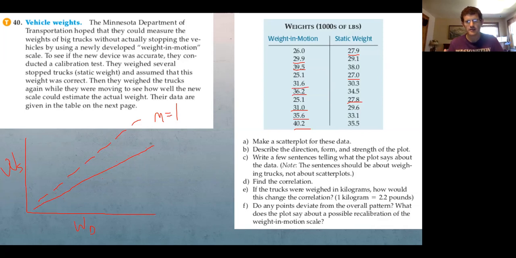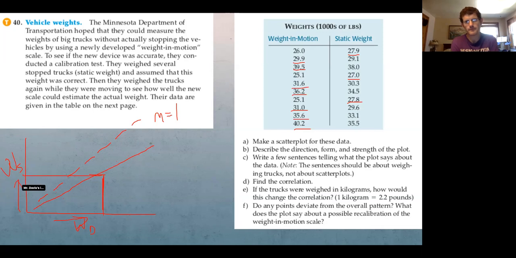So it's asking a conceptual question here. How would you recalibrate? Maybe we could recalibrate to give a lower weight when we do the weight and motion so that matches with the static weight. And the way that you can see this is like this point right here is further to the right on driving weight than it is up with the static weight.